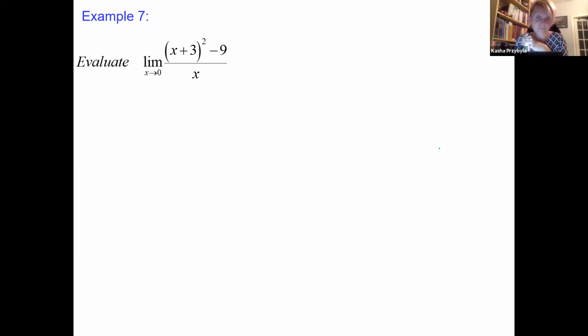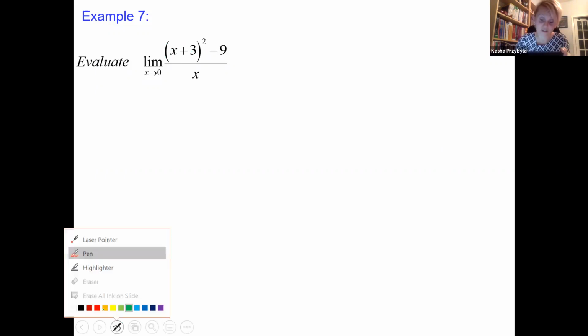Okay, for example, something like that. Limit at 0 of x plus 3 squared minus 9 over x. That means this is just a rational function. And the only thing we have to do is probably expand this, because it is 0 over 0.